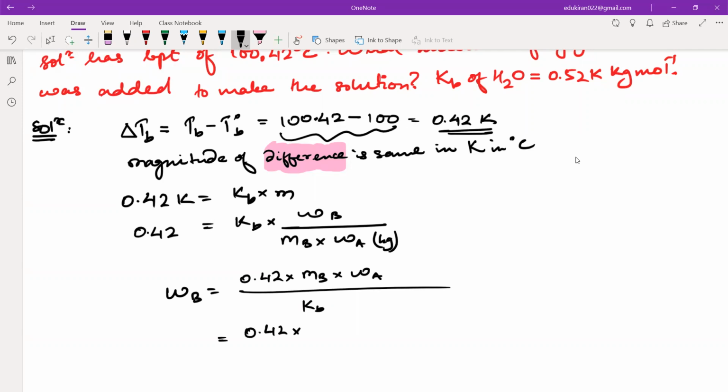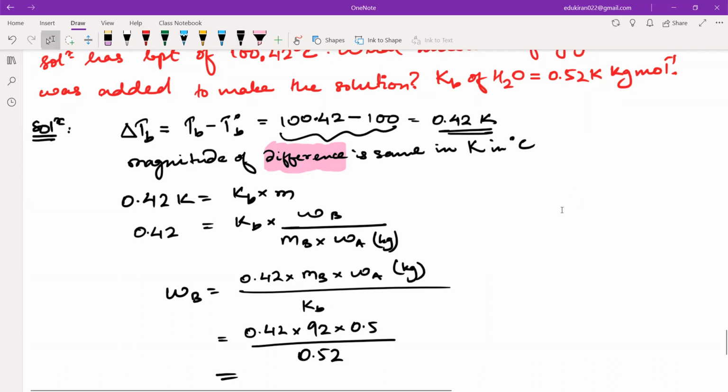So molar mass of solute, write it as 92 grams per mole. You have to calculate it, but for now I am giving you 92. WA in kg: the mass of solvent is given as 500 gram, that is in kg it will be equal to 0.5, divided by 0.52.